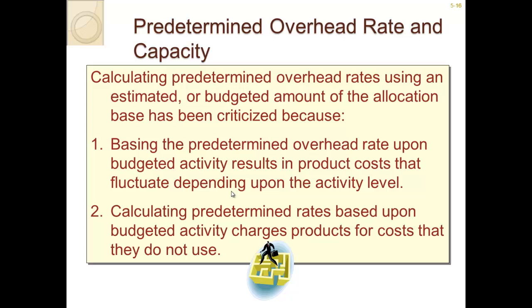So sometimes people aren't very good at estimating costs. This happens with all kinds of different types of industries, but they may not take into account capacity. They may not take into account actual expenses that they use. So there are problems with the predetermined overhead rate, but it is a process that people use.